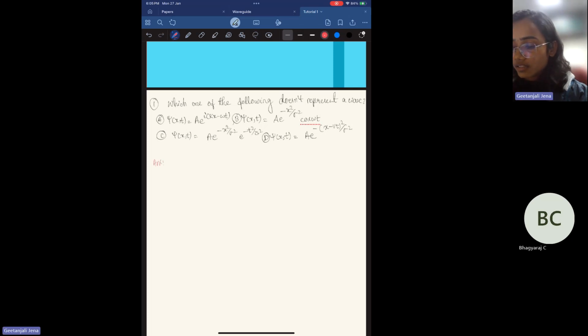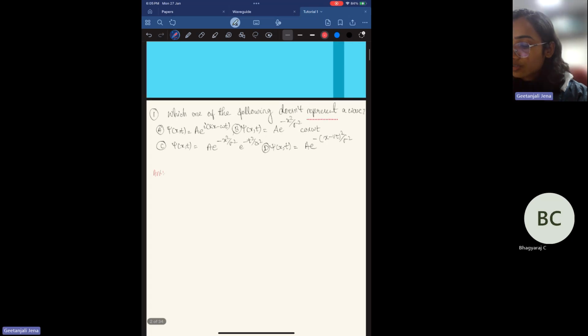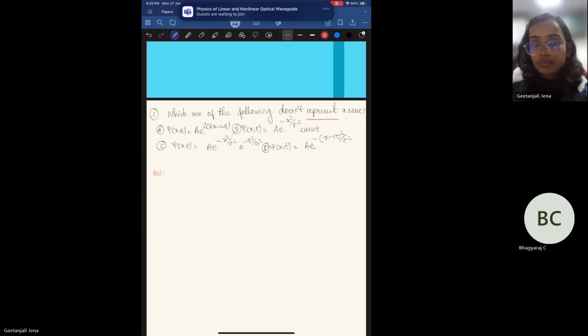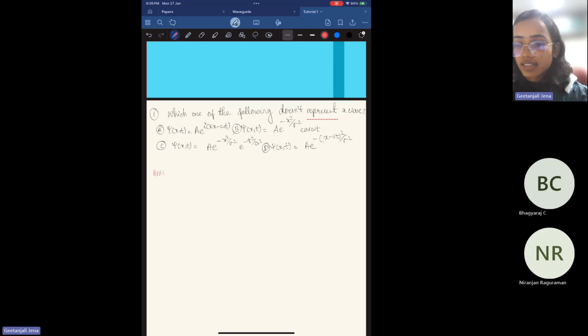The question is: which one of the following doesn't represent a wave? There are four options. The first is a sinusoidal term, the second is the product of a sinusoidal term with an exponential term, e to the power minus x square by sigma square, and then C and D.